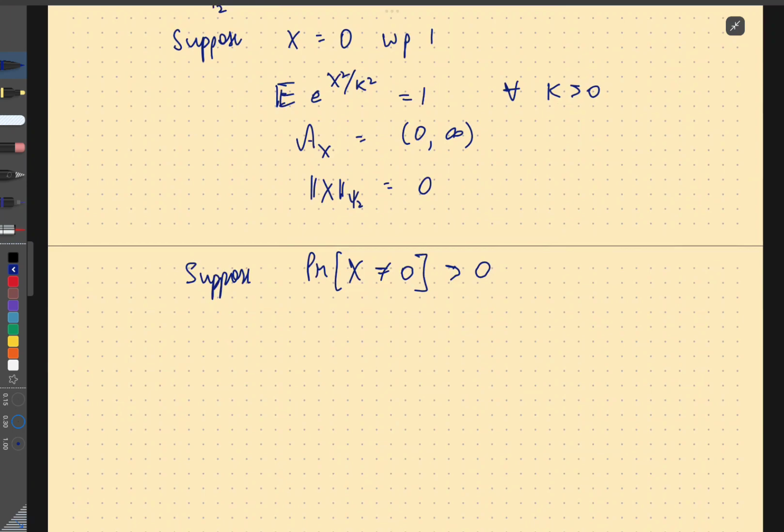Now, it doesn't mean that x is a non-trivial random variable. In principle, x could also be equal to some positive constant or some negative constant with probability 1. Even that is considered by this particular condition. So this means that there should be some epsilon positive and some delta positive, no matter how small these values are, such that the probability that x square is greater than epsilon square is at least delta.